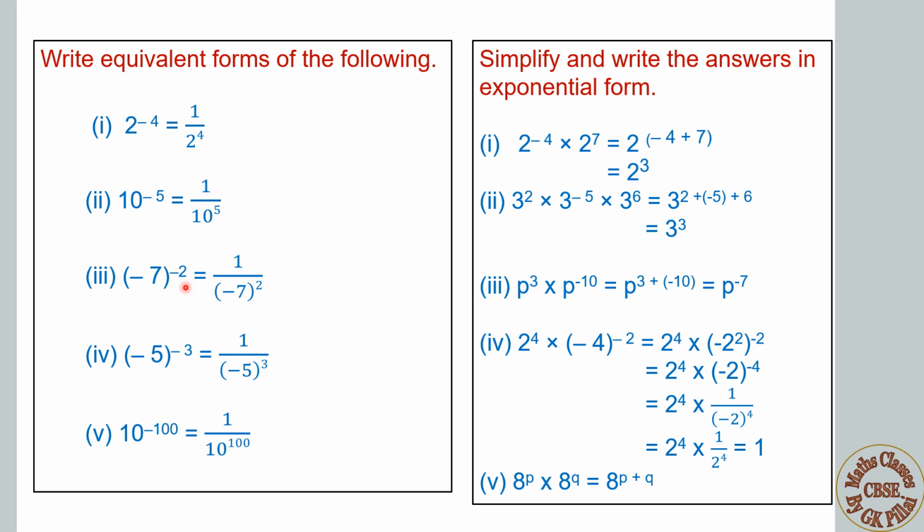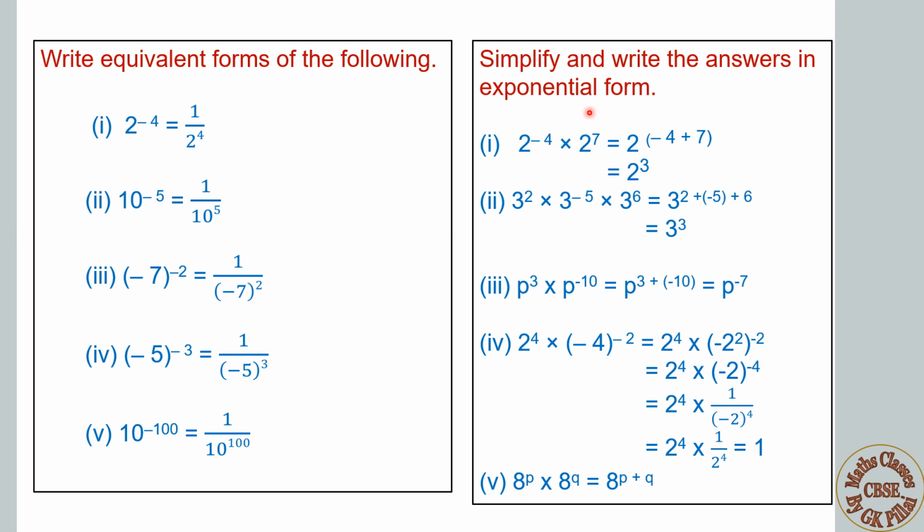Minus 7 raised to the power of minus 2 will be 1 upon minus 7 to the power of 2. This minus sign will not change. The next one, minus 5 raised to the power of minus 3 will be 1 upon minus 5 to the power of 3. The minus sign will not go, only this power will change. 10 to the power of minus 100 will be 1 upon 10 to the power of 100.